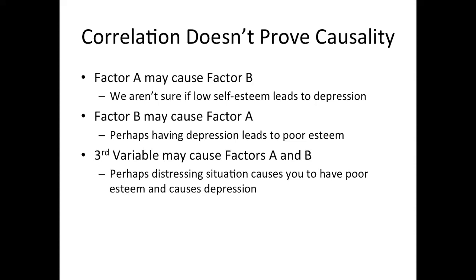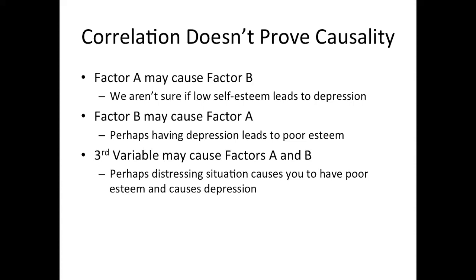So if you have a correlation, factor A could theoretically be causing factor B's response, but also factor B could be causing factor A's response. And there are an infinite number of outside factors that could be influencing both A and B.